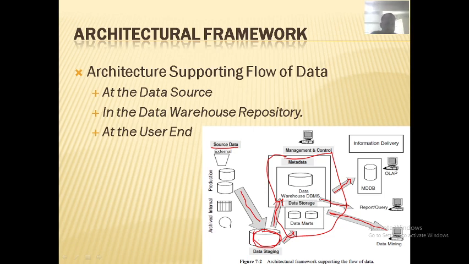The cleaning, transforming, and preparation for the loading is done, but it is not actually loaded. Now this data needs to be loaded into the repository. Got it? Loading of the data from the staging area and also storing it at the data level.